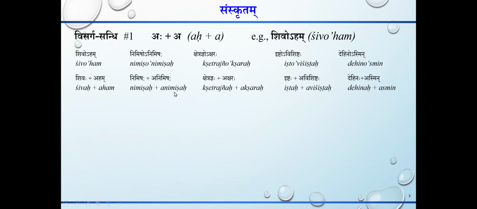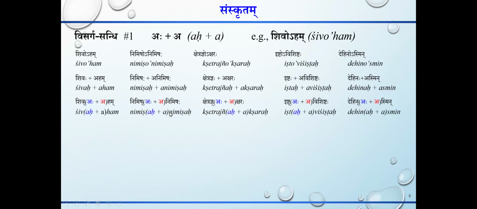Okay, nimishaha, animishaha, kshetrajnaha, aksharaha, kshetrajnokshara, ishtaha, avishishtaha. Okay, dehinaha, asmin. Okay, so this is after breaking the sandhi, where we can identify both sides of the equation.